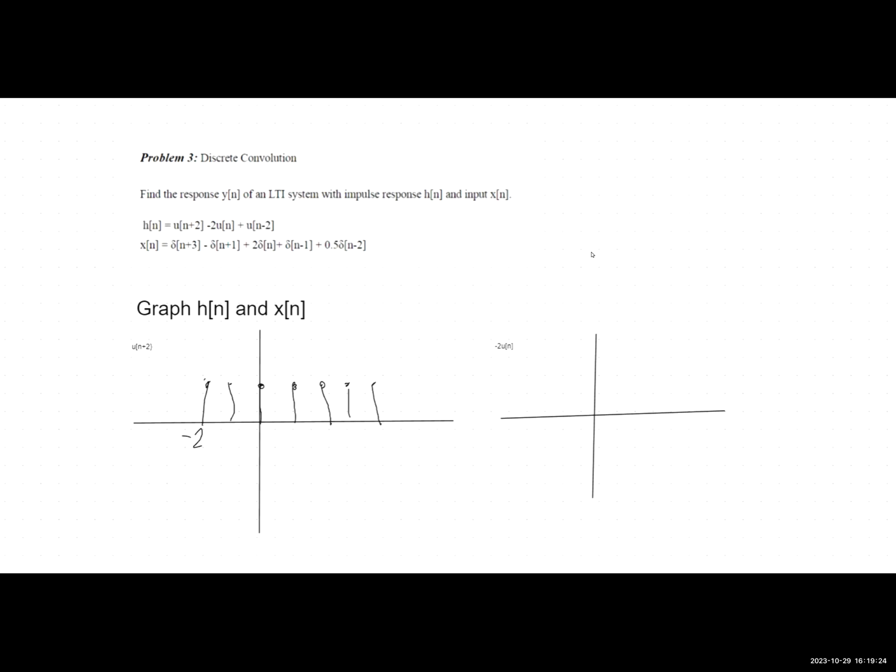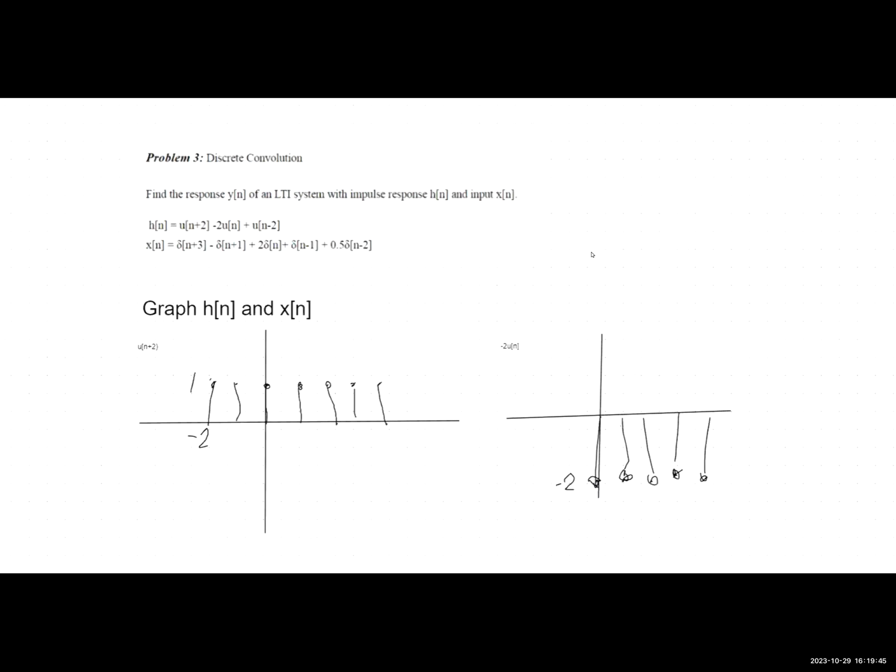All right, so -2 u of n looks a little something like this. It's essentially just a u of n function, but scaled so that the amplitude is -2. And the last one is u of n minus 2.